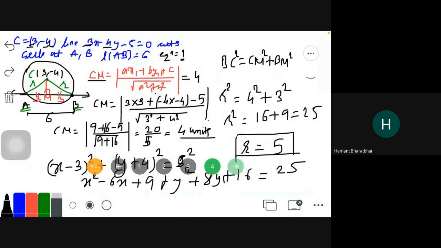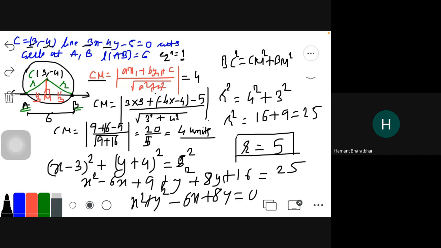So I'll get the final equation as x square plus y square minus 6x plus 8y, 16 plus 9, 25. There also I have 25, 25, 25, cut equal to 0. So this is the required equation of the circle: x square plus y square minus 6x plus 8y is equal to 0.